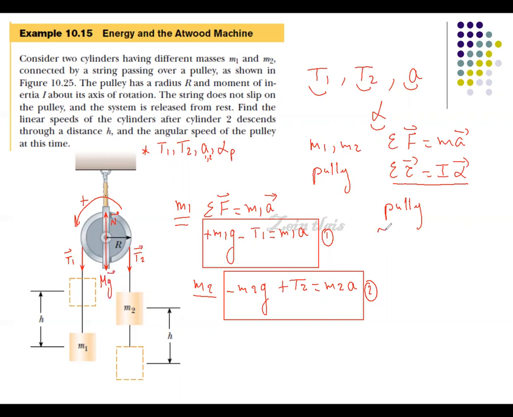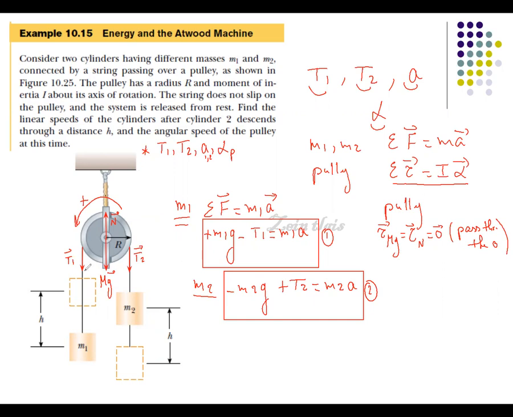Tau of Mg equals tau of the reaction equals 0, because they pass through the axis. So we don't have tau.